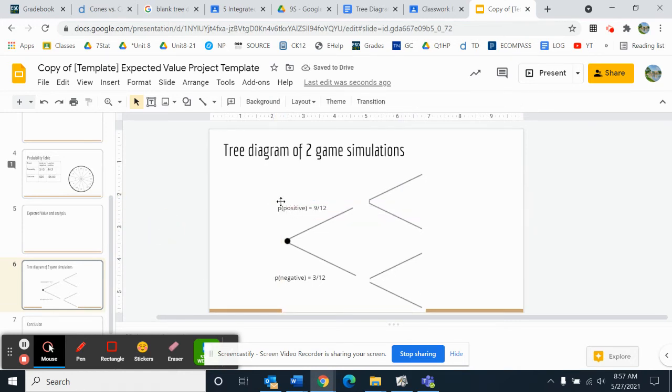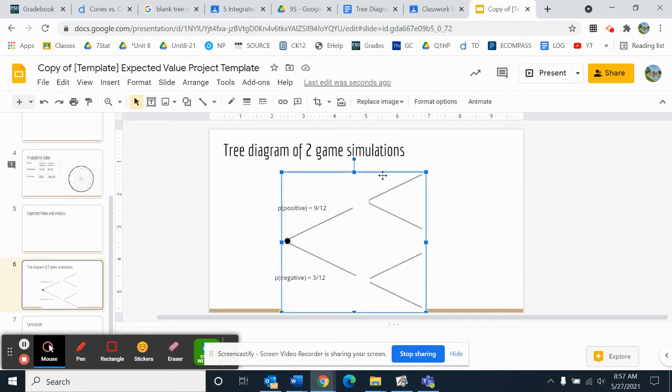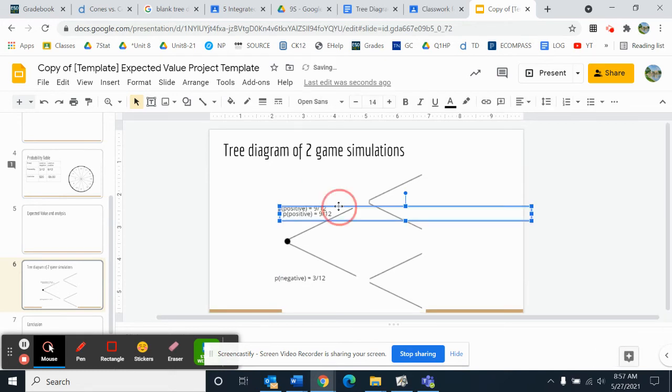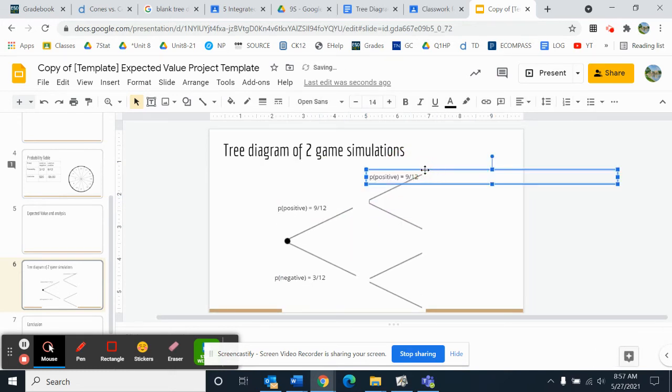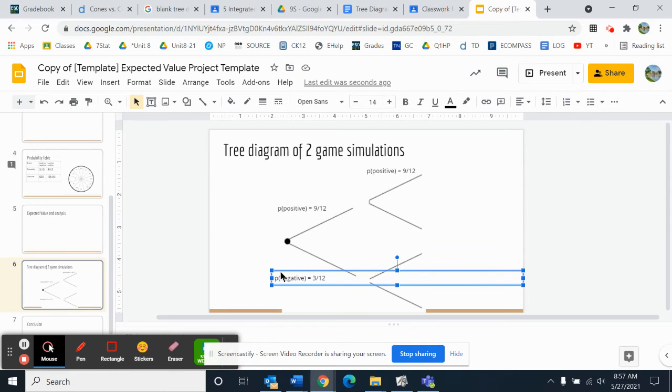And then what you can do is just simply copy and then paste. And notice you have a second one. Drag it over here. And so this first path will represent the first spin being positive and the second spin being positive. But the second spin could also be negative.